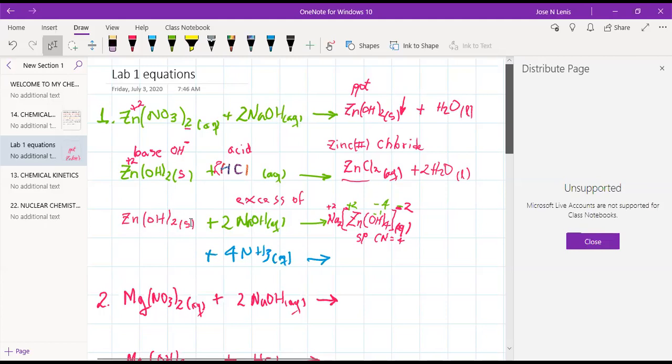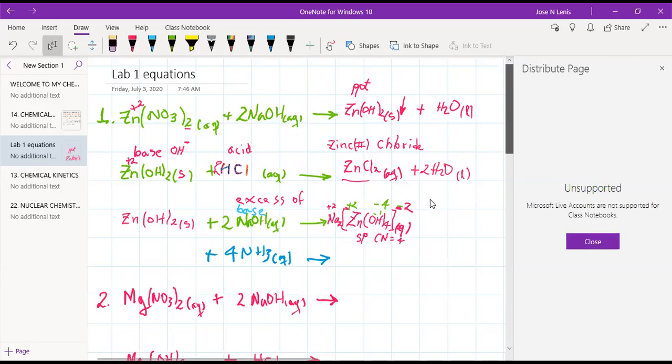Once this is fully formed, and you add an excess of sodium hydroxide, this is a base here. If this is a base, and there was a full reaction because we noticed the change, it's actually reacting. The hydroxide is reacting with this strong base to make something new, a complex.